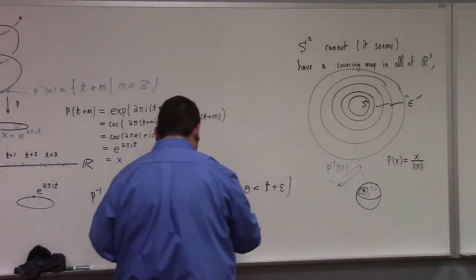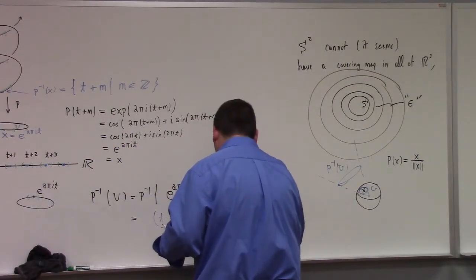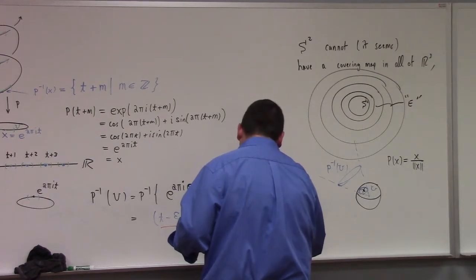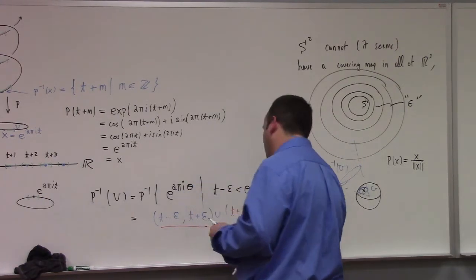So also t plus 1 minus epsilon to t plus 1 plus epsilon union, and so on. There's got to be a better way to write that, right?